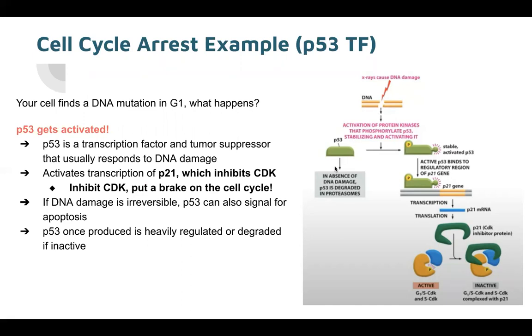Remember, P53 is a transcription factor. When this phosphate group is added, it becomes stable and activated. Since P53 is a transcription factor, it binds to the promoter of a gene called P21. When it binds to the promoter of P21, it recruits RNA polymerase, which makes our RNA transcript, which the ribosome then binds to make our actual P21 CDK inhibitor protein.